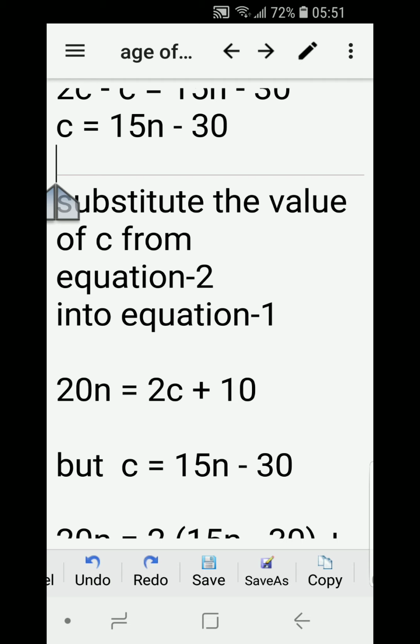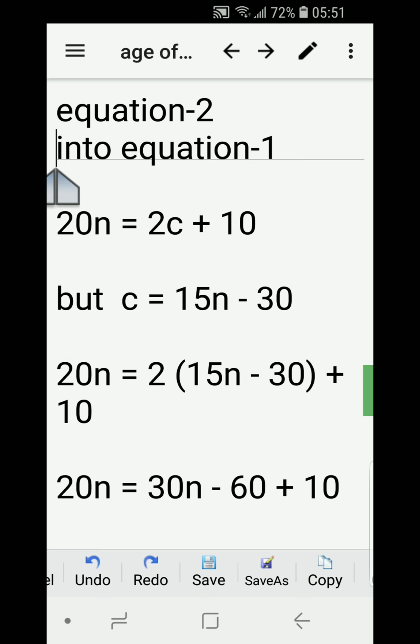Now equation 1 is 20n is equal to 2c plus 10. But we know c is equal to 15n minus 30 from equation 2. So we substitute and simplify. 20n is equal to 2 times the quantity 15n minus 30, that's the value of c, plus 10.